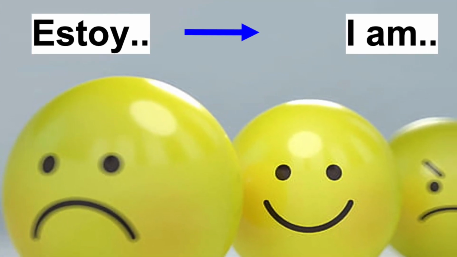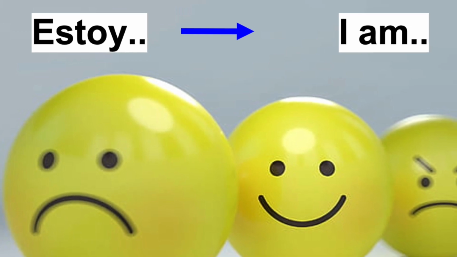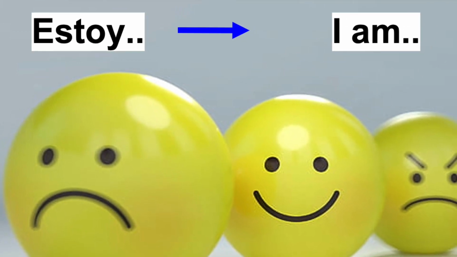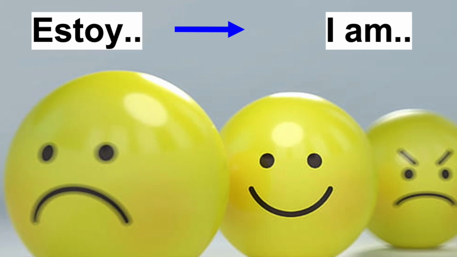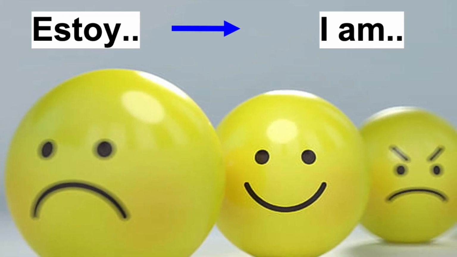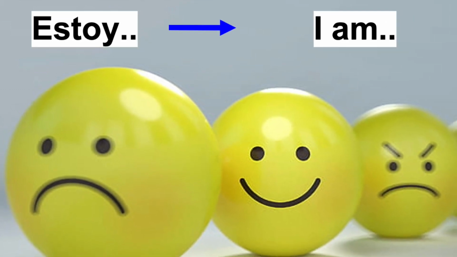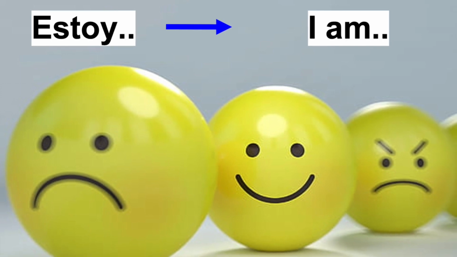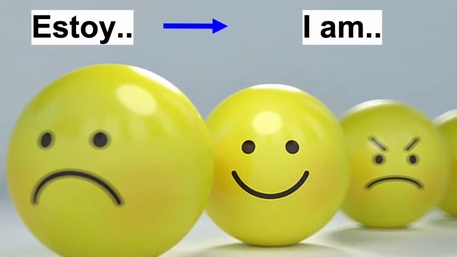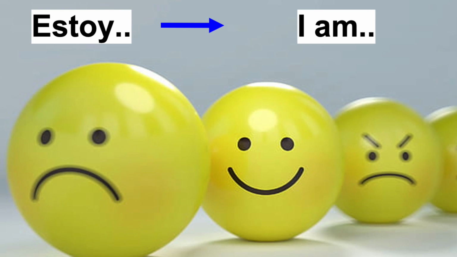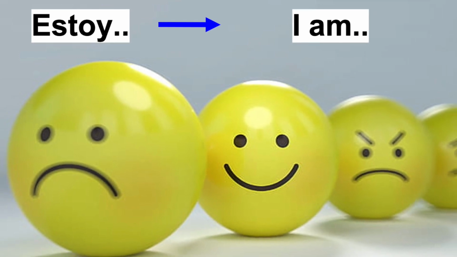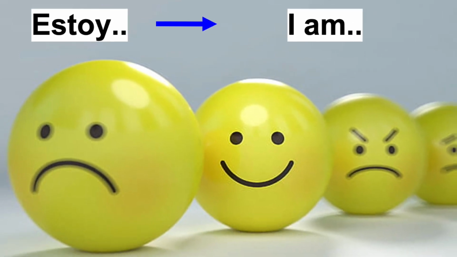Same thing for the face behind. He looks a little bit more happy. So he would say something different, but he's going to start it out with estoy, perfecto. Then we have another face, the third one. He looks angry. So he's going to start his sentence out with what in Spanish? If you said estoy, perfect.